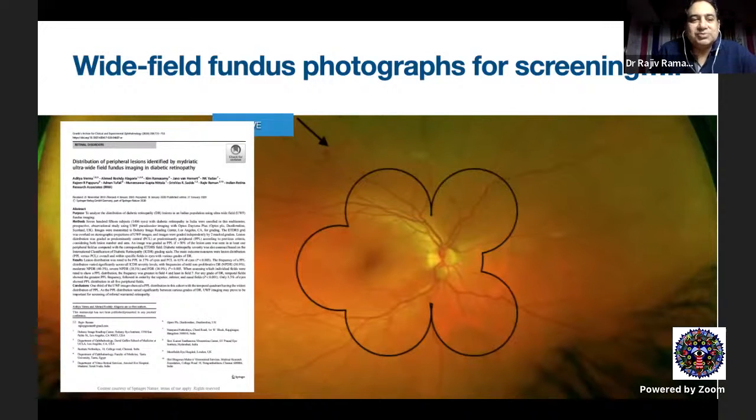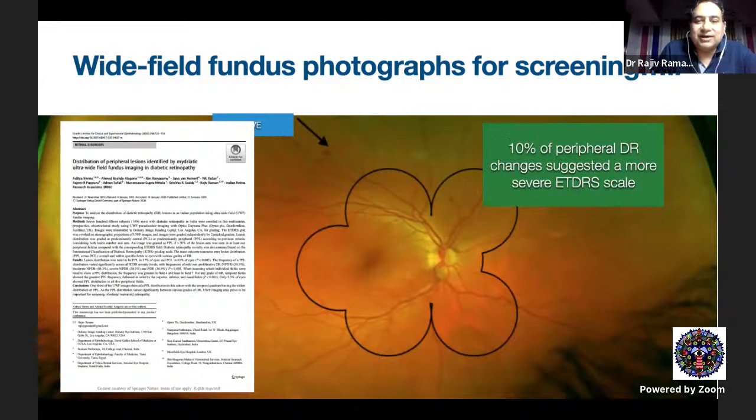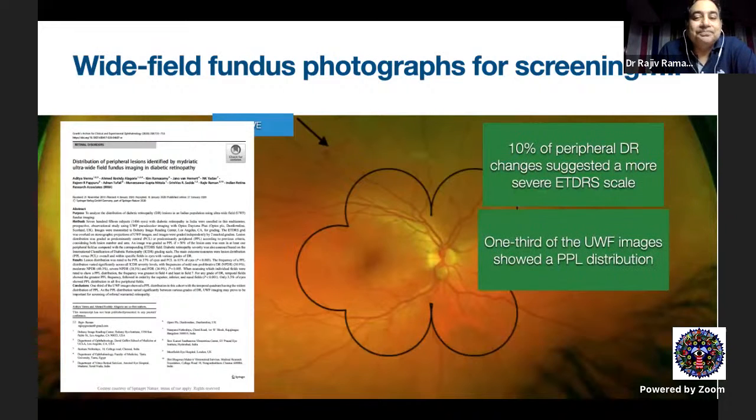This is work which has been done by a couple of institutes in India. We did find that nearly 10% of peripheral DR changes suggest a more severe scale. That means this patient, if you look at only the 7 fields, you will label probably as mild to moderate NPDR. The moment you see the periphery, it becomes PDR. So 10% of the peripheral changes become a more severe scale.